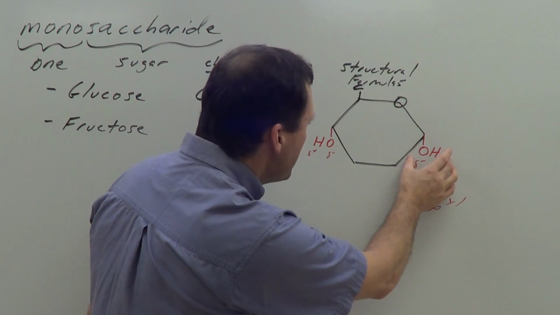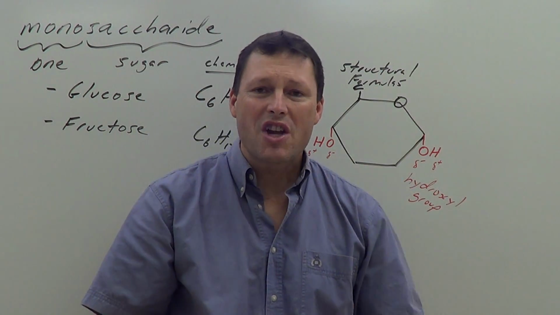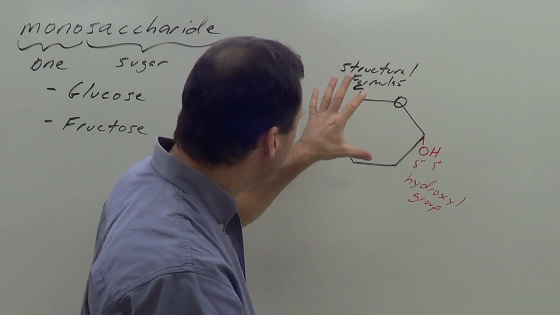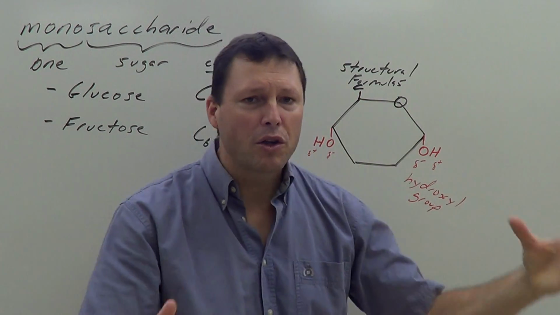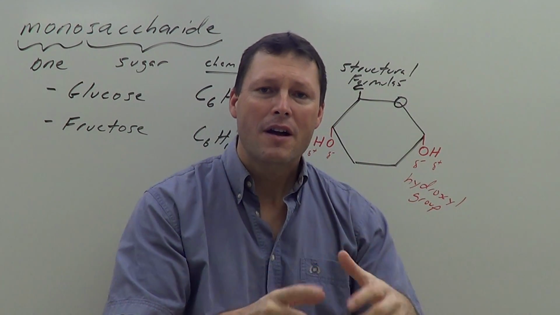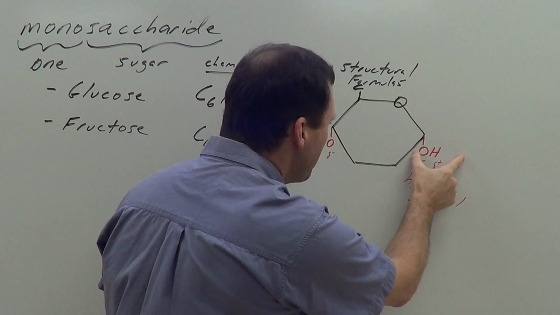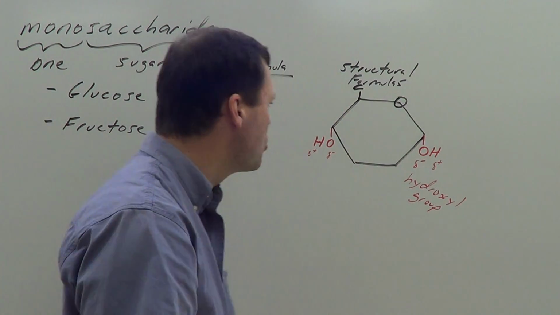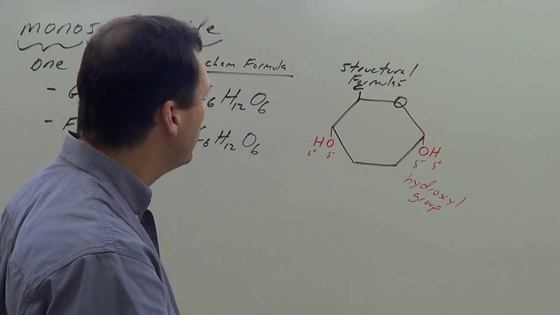Also, this functional group is the site where chemical reactions actually occur. So when we talk about glucose molecules being connected together later, that's where the connection is actually going to be made, right there at the hydroxyl group. So very important functional group. So that is going to be glucose.